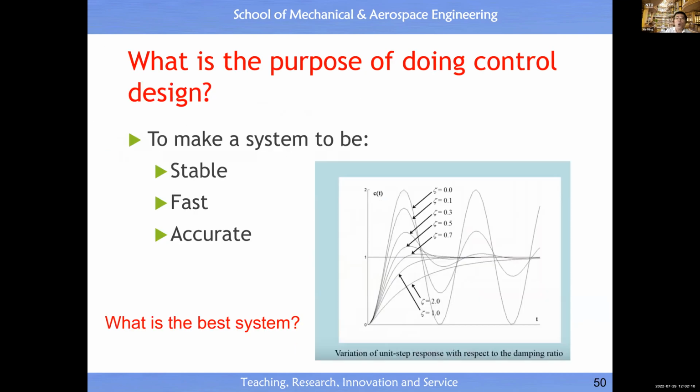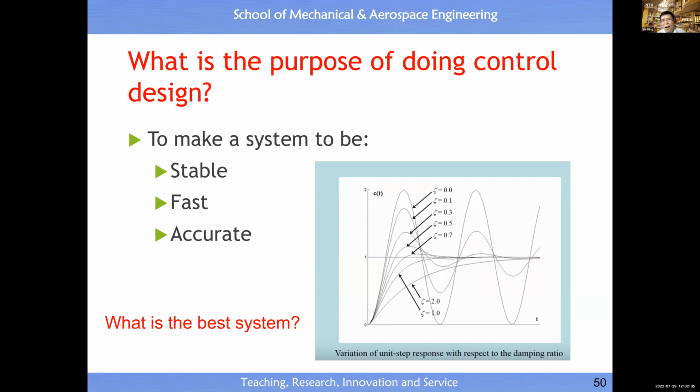So then we want to know, okay, what is the purpose of doing control? Why not just use original equipment? The answer is, in general, original equipment may not produce a good performance in terms of stability, response time, response accuracy.